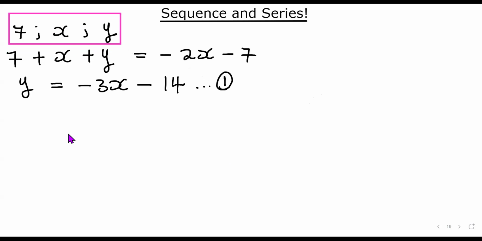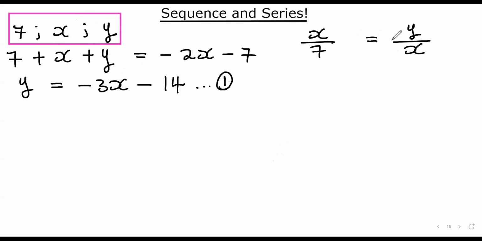And one thing we know about a geometric sequence is that it has a constant ratio, which means that if you take term number 2 and divide it by term number 1, you'll get exactly the same thing as when you take term number 3 and divide it by term number 2.